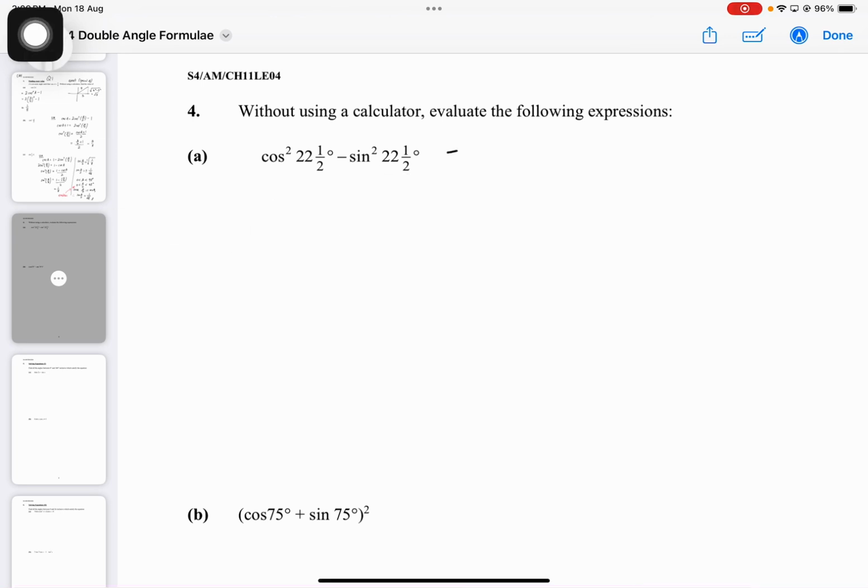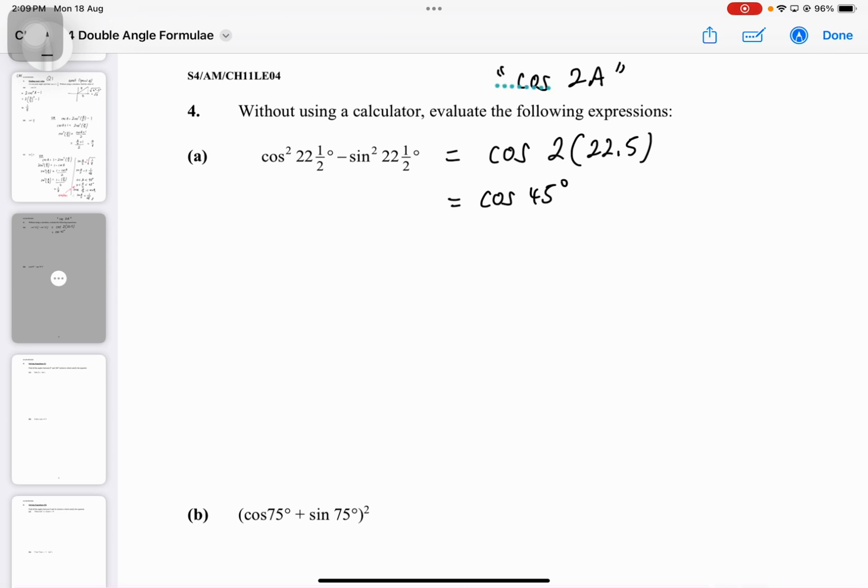So this is the same as cos 2 times 22.5, or in other words, your cos 2A. And 22.5 times 2 is what? 45. Cos 45 degrees.